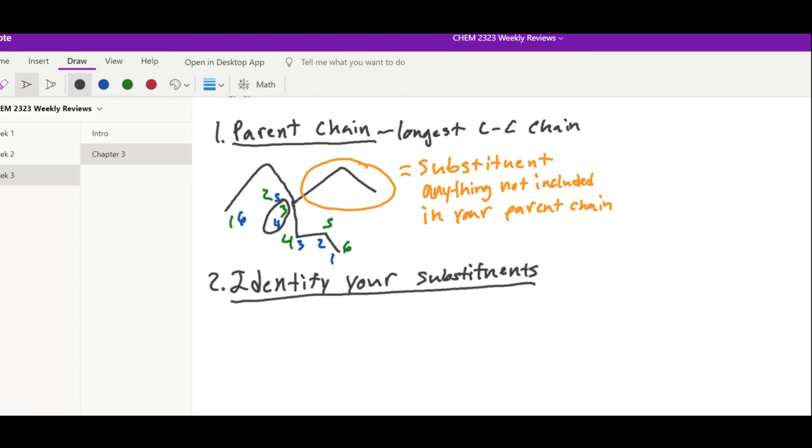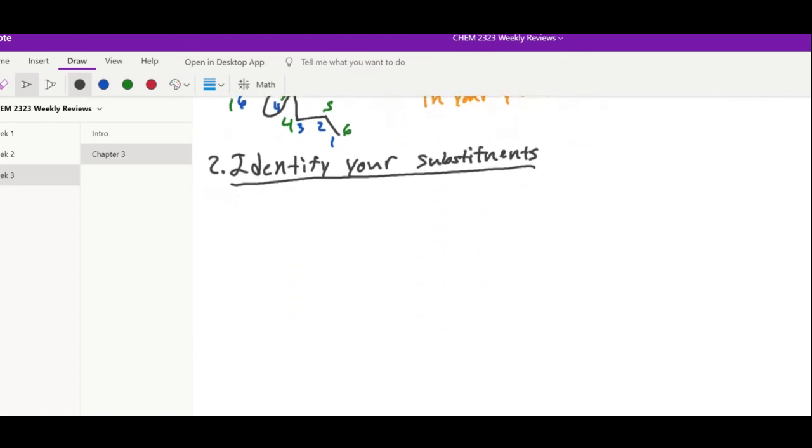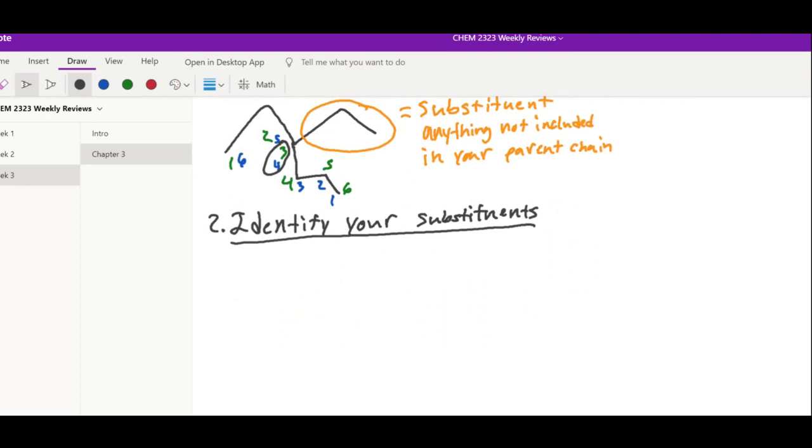So step 2, which we kind of already did, is identify your substituents. I'll use the same example. We already said this is our substituent, and based on the green and the blue, we agreed that green would be the best pathway.